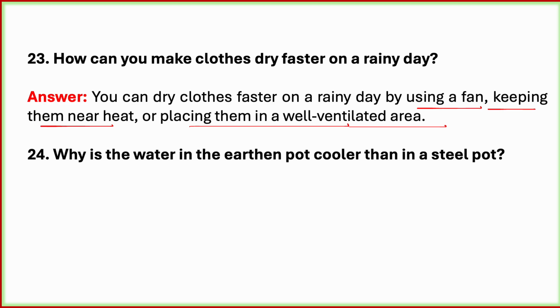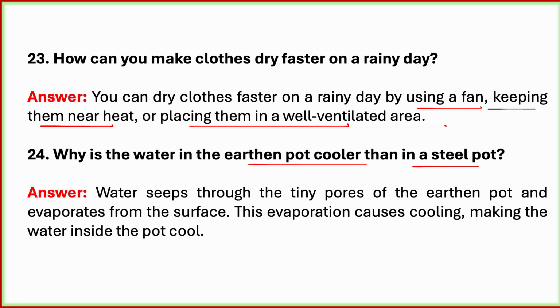Why is the water in the earthen pot cooler than in a steel pot? Water seeps through the tiny pores of the earthen pot and evaporates from the surface. This evaporation causes cooling, making the water inside the pot cool. An earthen pot has tiny holes on its surface.